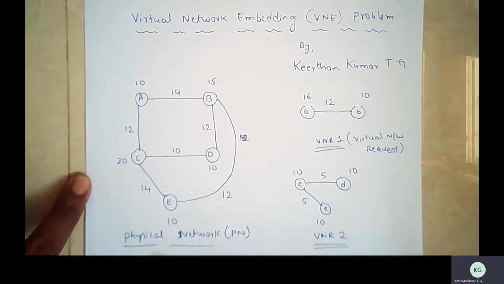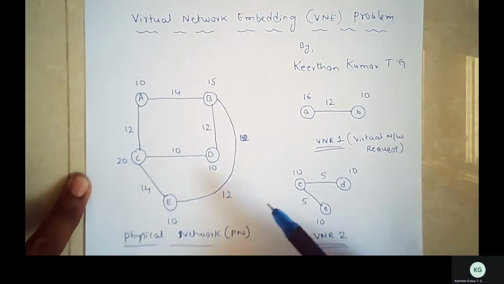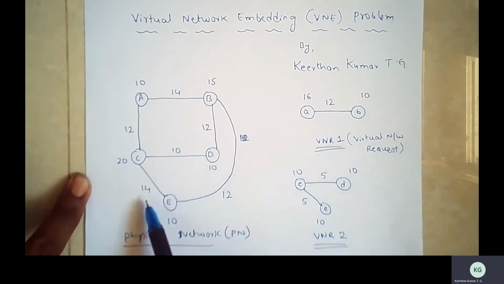Both networks, the physical network and the virtual network, are represented in terms of a weighted undirected graph. Why is it undirected? There is no direction for the edges, and also each edge is assigned some weight. That's why it is called a weighted undirected graph.